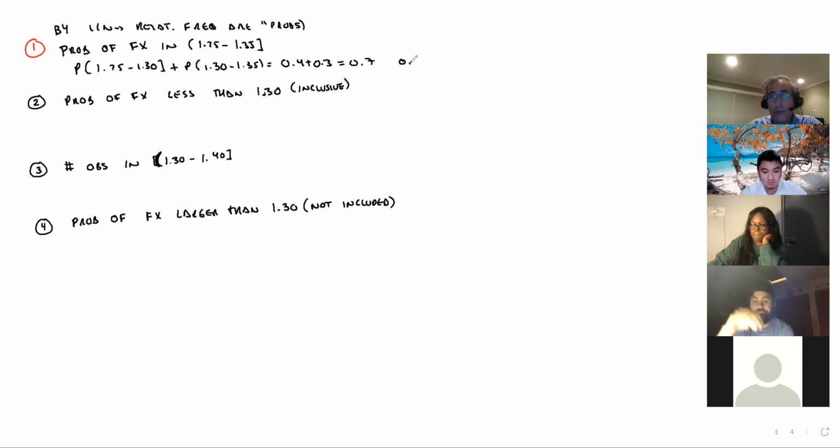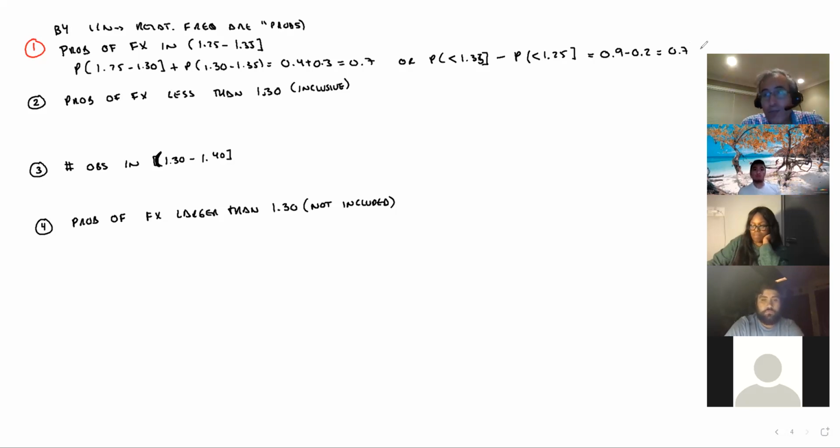Or the probability of being smaller than 1.35 minus the probability of being smaller than 1.25. So let me delete this. Agree with me, guys? So the probability of smaller than this is equal to 0.9 minus 0.2. You obtain your 0.7.